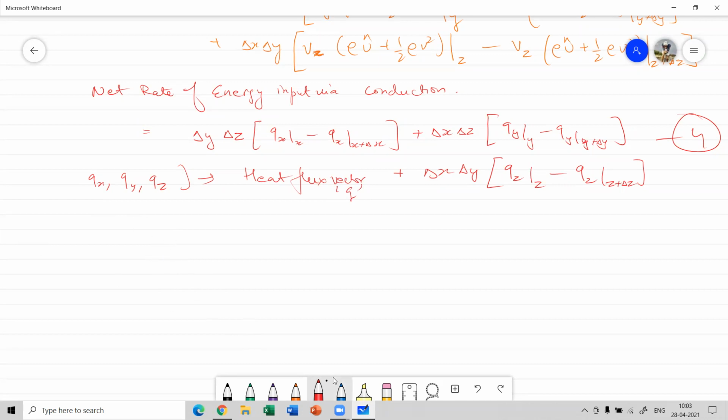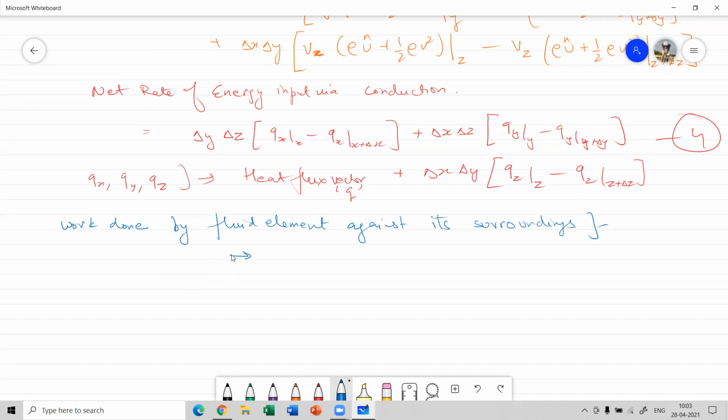Now, then there is the work done by the fluid element against its surroundings. So it consists of two parts.